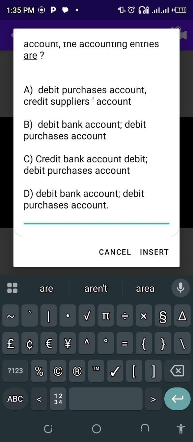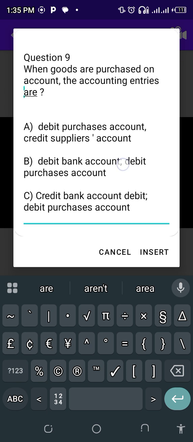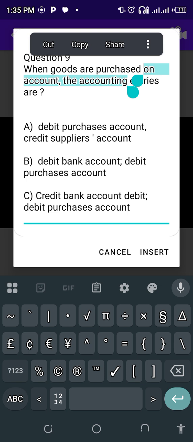Now, let us look at the question critically. When goods are purchased on account, underline this word, on account. On account means that goods are purchased on credit. And when goods are purchased on credit, the two accounts that are involved are the purchases account and the creditors account.